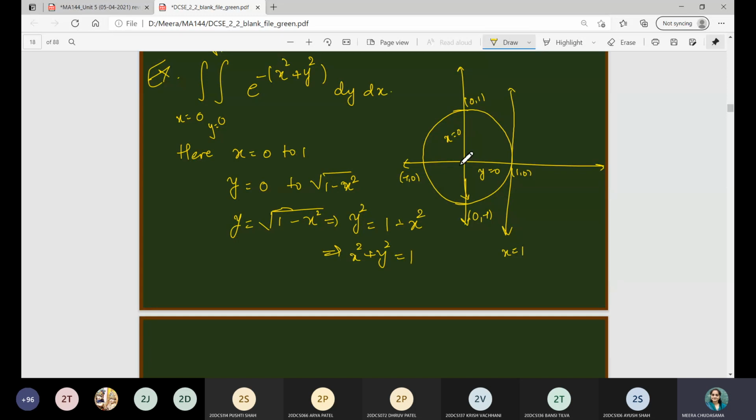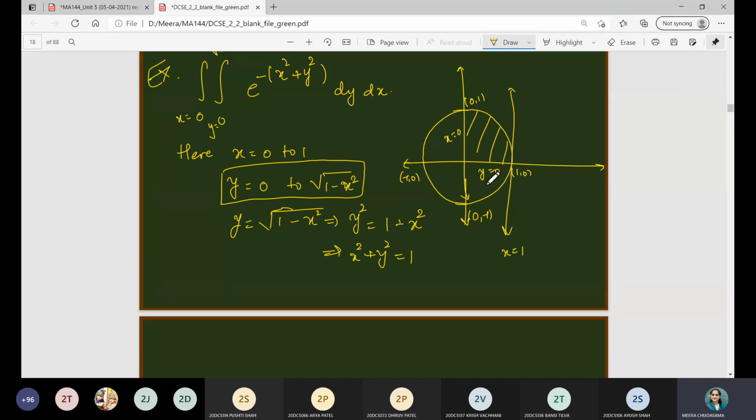But since you are given x is equal to 0 to something, we have to consider only the first quadrant of the circle. Only this limit is given for y, so it will represent the upper half circle, because y is from 0 to positive square root of 1 minus x square. The lower half circle will represent the negative square root of 1 minus x square.